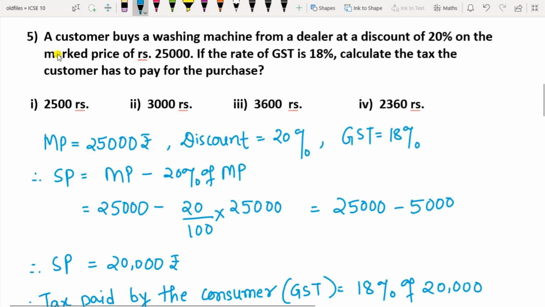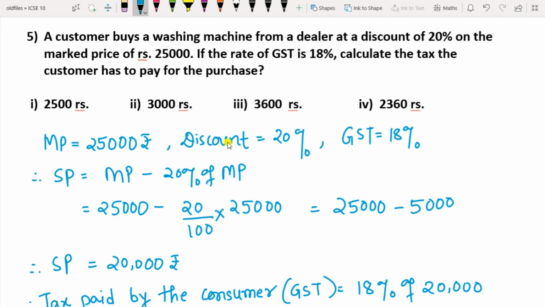Question 5 is, a customer buys a washing machine from a dealer at a discount of 20% on the marked price of 25,000. If the GST rate is 18%, calculate the tax the customer has to pay for the purchase. So first find the selling price.